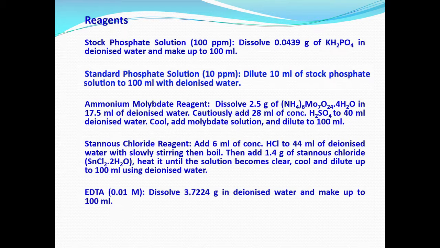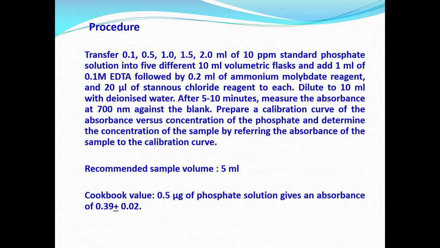If the pH is not correct, then you will end up with a heap of precipitate, especially of stannous hydroxide, which will go to waste. And then we need EDTA for the complexation of the typical elements present in water, and that you prepare by dissolving 3.72 gram in deionized water and making up to 100 ml.